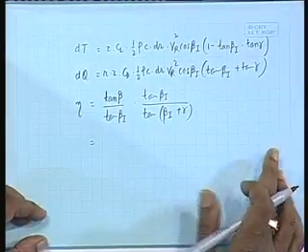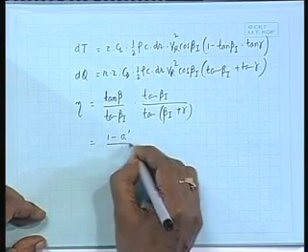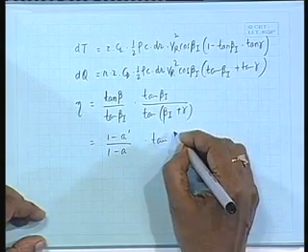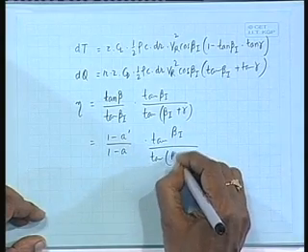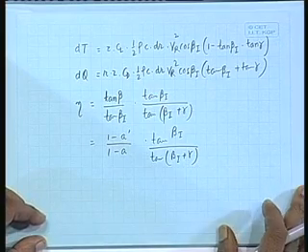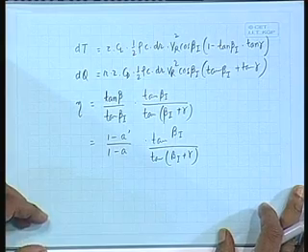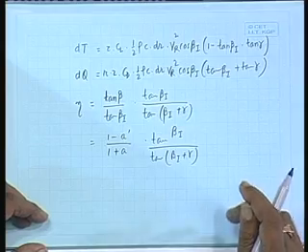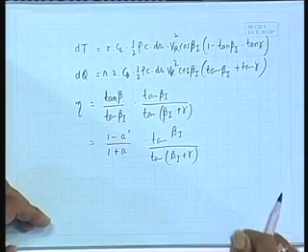So, if we put that, it can be shown that this is equal to 1 minus A dash by 1 minus A into tan beta I divided by tan beta I plus gamma. What does it tell us?